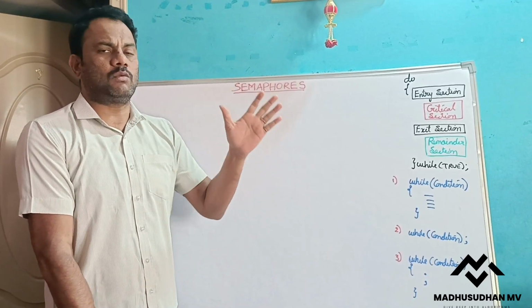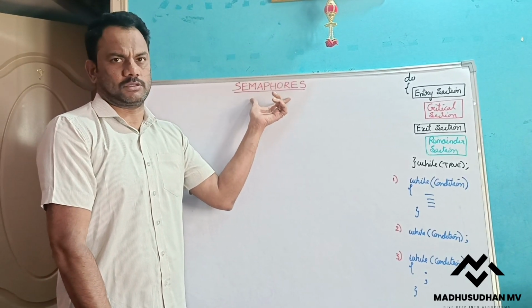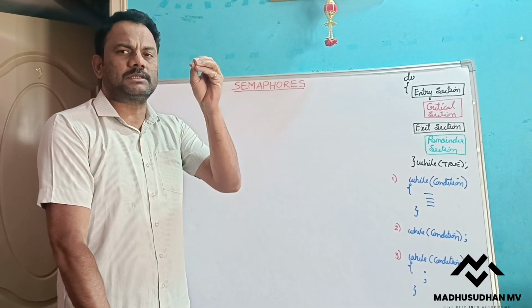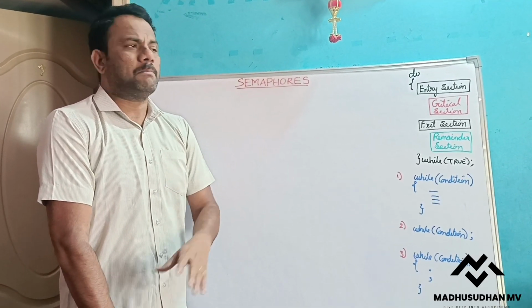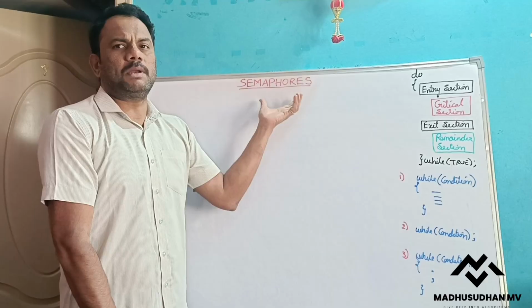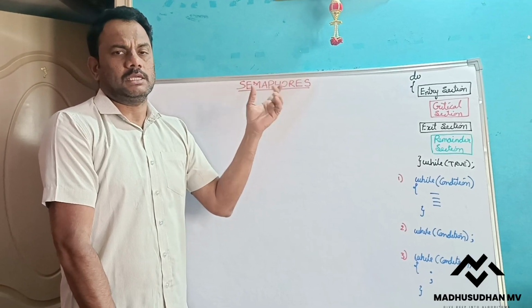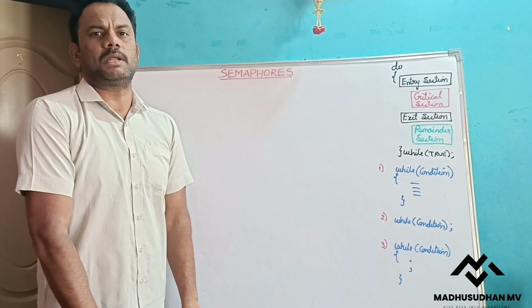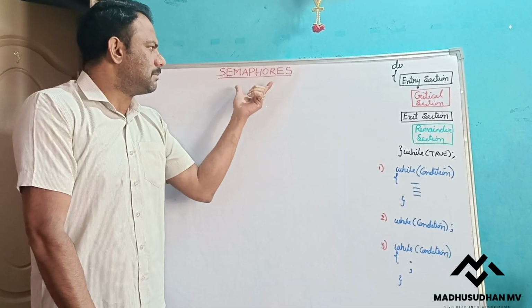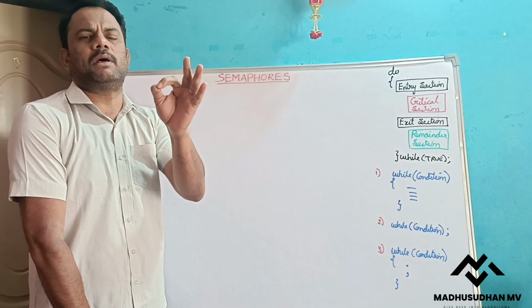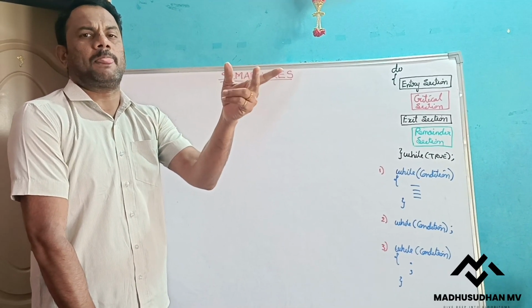So now we are discussing one more method called semaphores. Again, it is a simple software solution, but it is not as complicated when compared to the other two. Hardware solutions are always complicated to implement, whereas semaphore is very simple compared to the two previous ones.